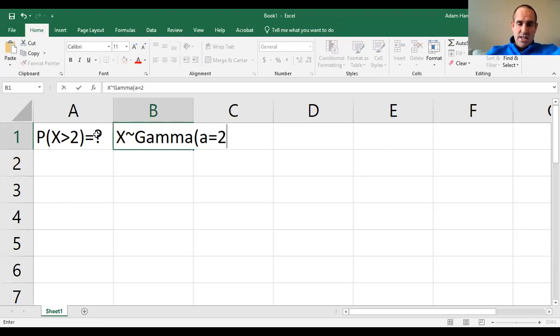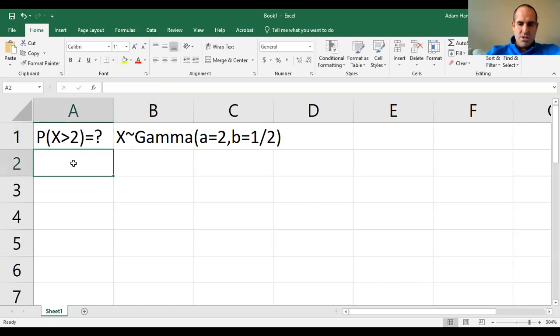I'm waiting for the second observation. And what is beta? Beta is equal to 1 over lambda, and so beta is equal to 1 over 2.